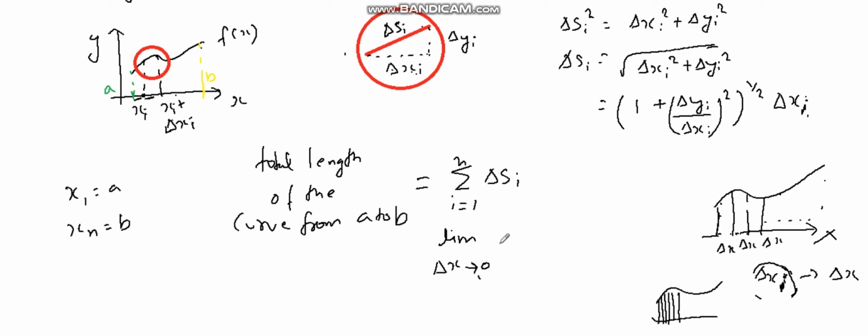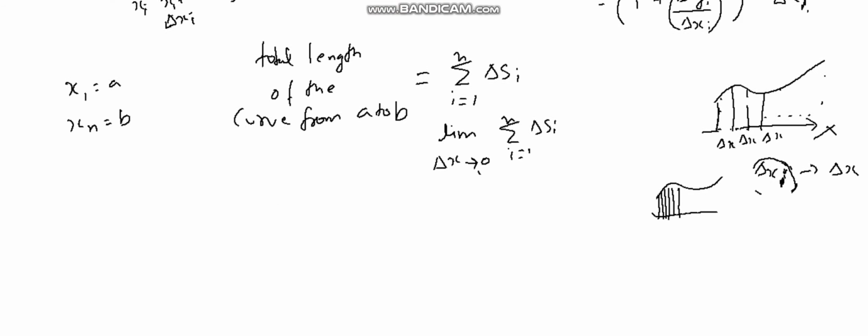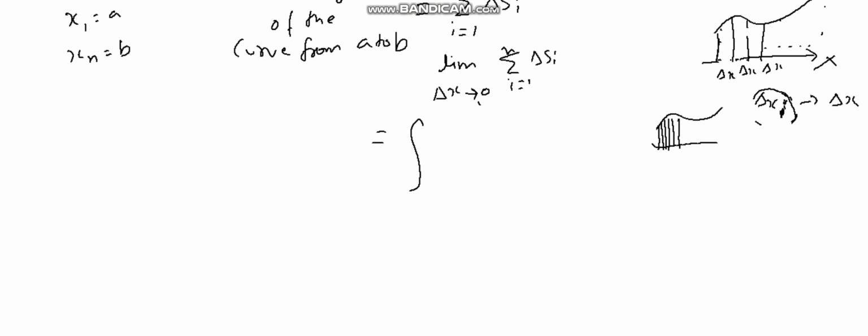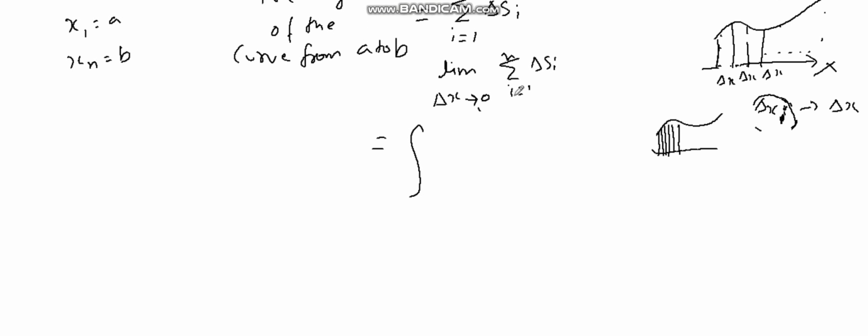As it happens, in this equation there will be two changes we will observe. The first is that this summation will become an integral, and this is how we define the term integration. And this delta s will become ds. Here d itself means that we are taking very small values.